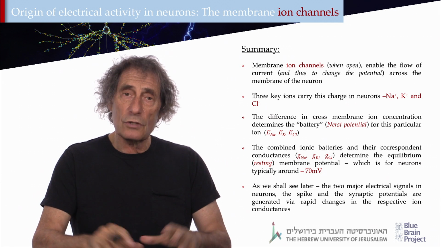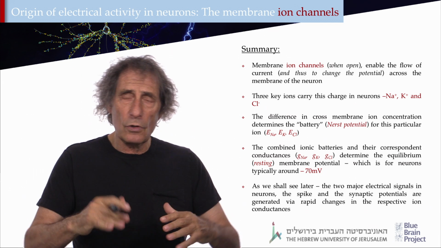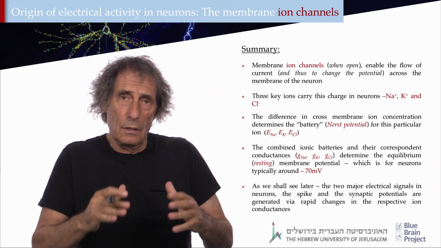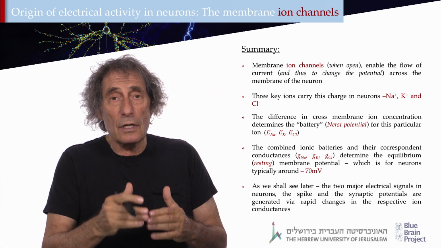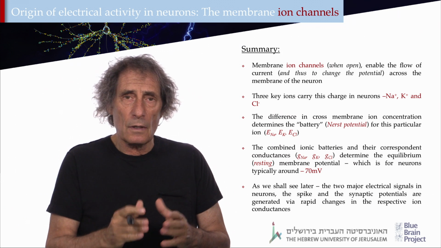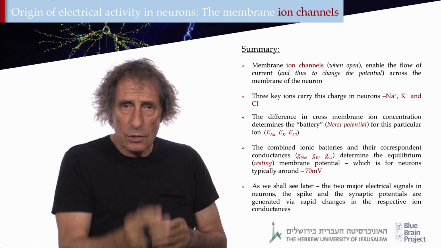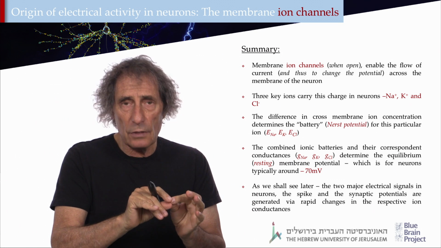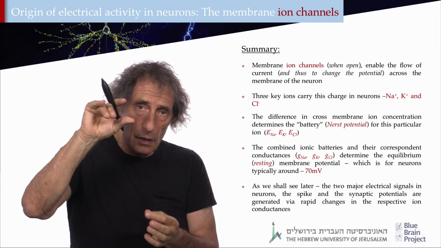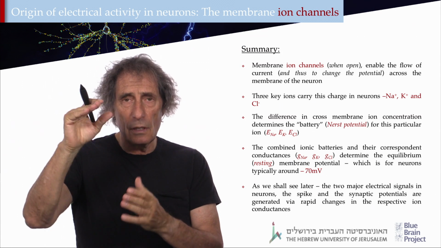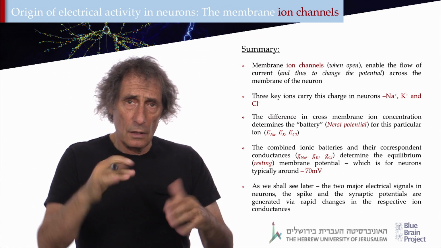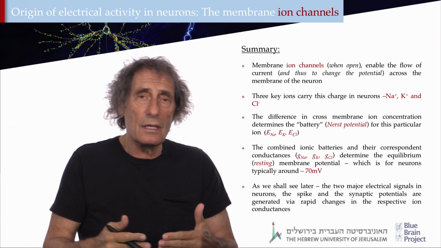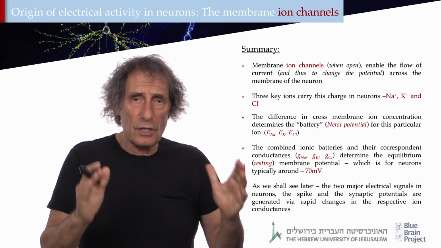And I showed you in the conductance equation that overall you have a balance between the three batteries and their corresponding conductances: the branch with the sodium conductance and its battery, the branch with the potassium conductance and its battery, and the chloride conductance and its battery. The combined conductance equation determines the end result of the resting potential.